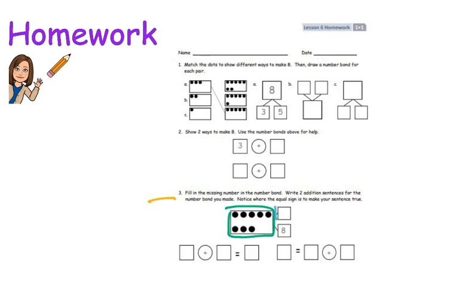We have our 2 parts. So you have to fill in the blue part that's missing. Then you're going to fill in your number sentence, your equation. And what the direction was saying was see the equal sign is first on the second one. So you're going to start with the total and then do the 2 parts. Okay?